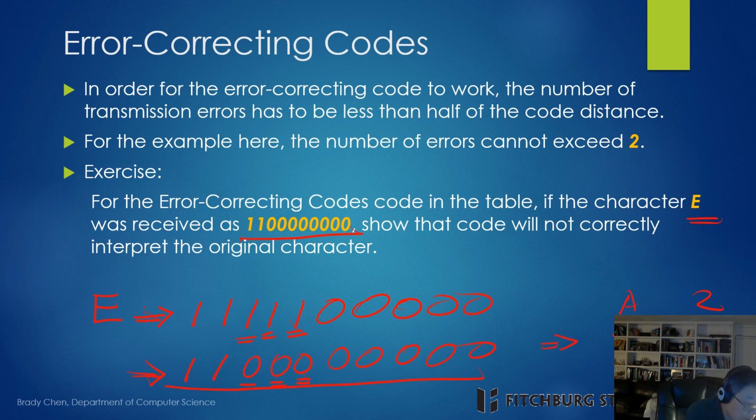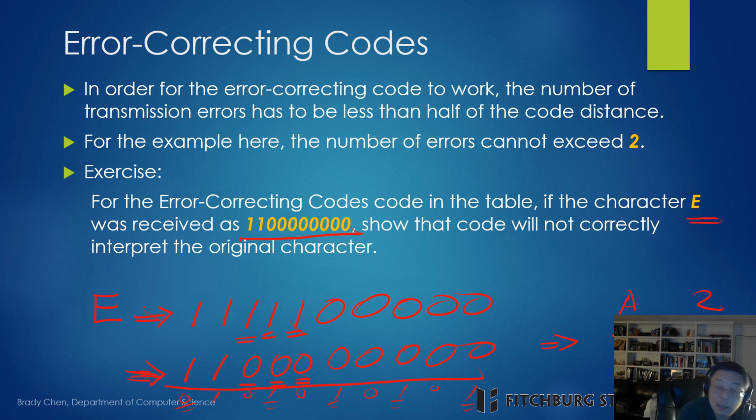C is, I'm sorry, C is 0101010101. So you have 1, 2, 3, 4, 5. Yeah, so the distance between this received code and C is 5.